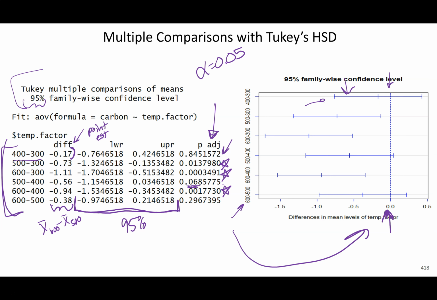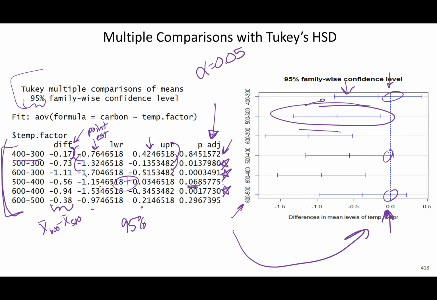And the giveaway is, if you look here, negative number, positive number, 0 is in there. Negative number, 0 is not in there. Negative, negative, negative, positive, 0 is in here. So ones that go from negative to positive will have 0 in them. So those 3.